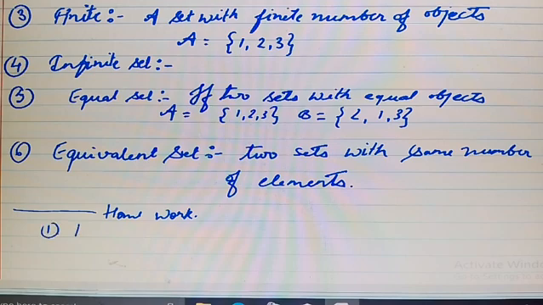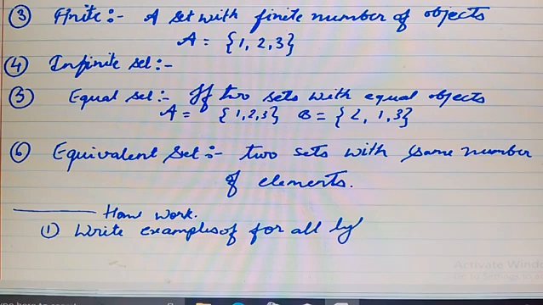First, write examples for all types of set. That means 1 to 6.